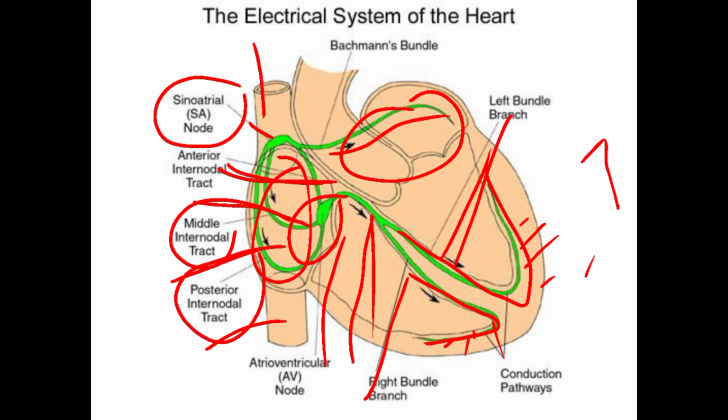The impulses go through the left and right bundle branches, and slowly the ventricles start exciting. Whenever the impulses reach the muscle, that part gets excited. The stimulation here is by its own impulse.